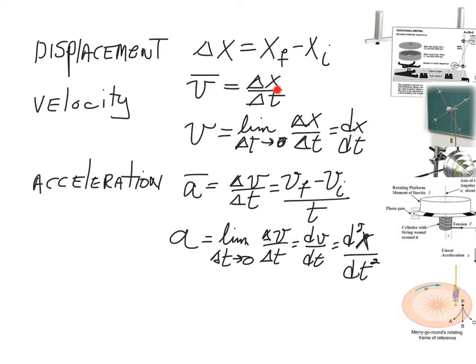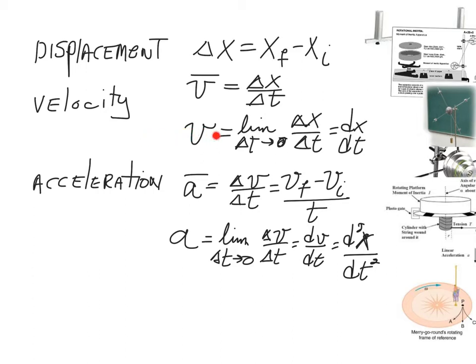So as the velocity changes, the instantaneous velocity will be different from the average velocity. Like you take a trip in your car and your instantaneous velocity is your speedometer reading, but your average velocity over the trip won't tell you very much about what it was at any particular instant.